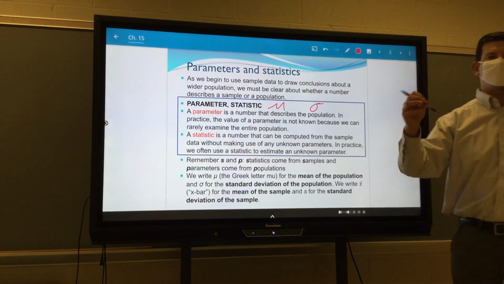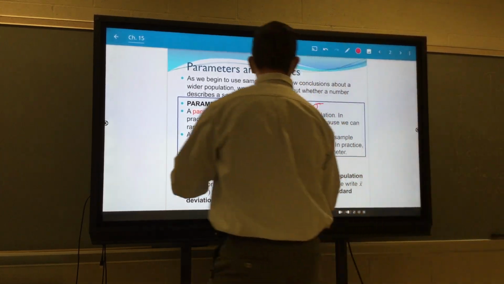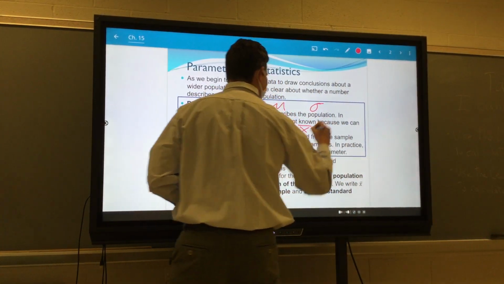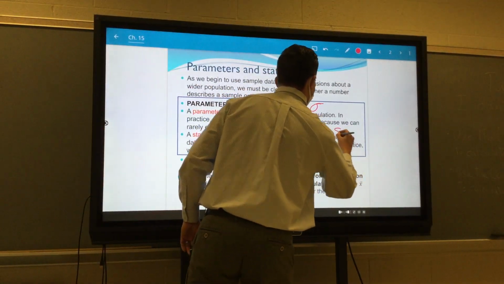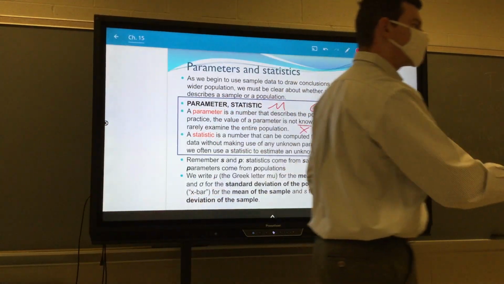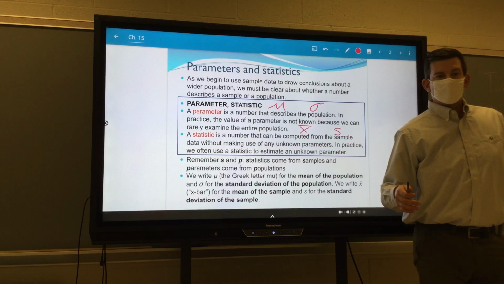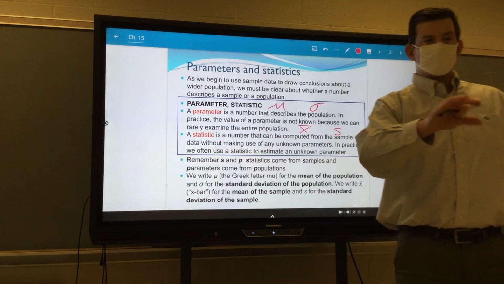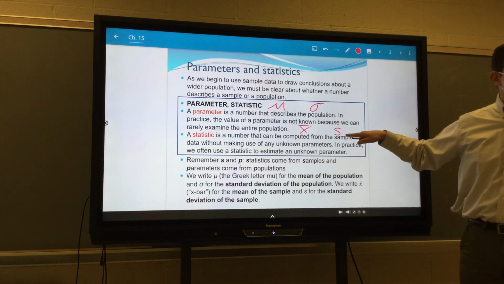Statistics are taken from samples. Okay? So when we're taking a sample and that sample has a mean, we represent that with x bar, and that sample's standard deviation is lowercase s. Now again, we saw that difference with the graphing calculator, if you're doing the 1-Var Stats for a list of numbers, it gives you both sigma and s.